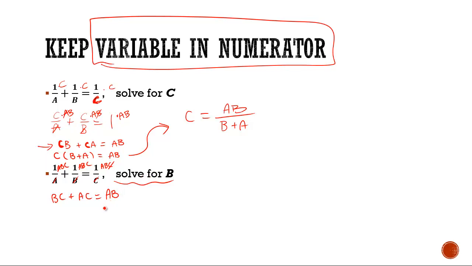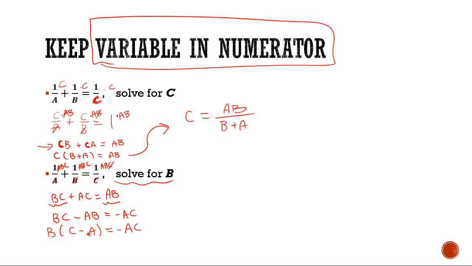Now we want b all by itself. So we have bc, and let's get our b terms together. So it'll be bc minus ab equals negative ac. So we subtracted the ac from both sides and subtracted the ab from both sides. Now we can factor the b out, which gives us c minus a.